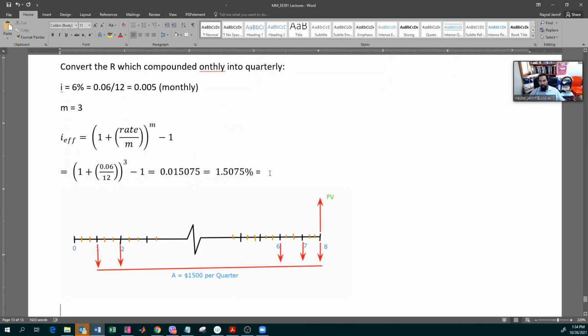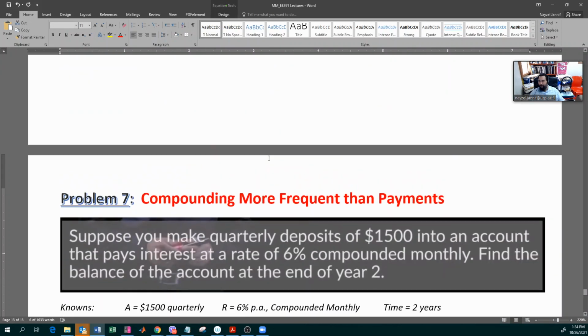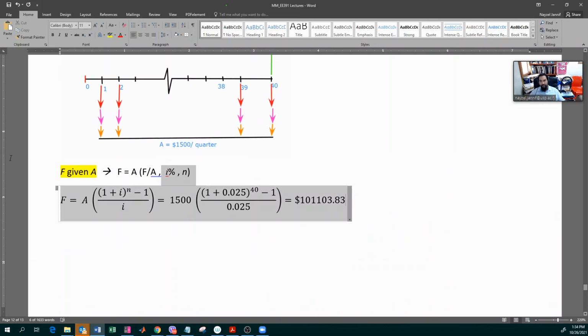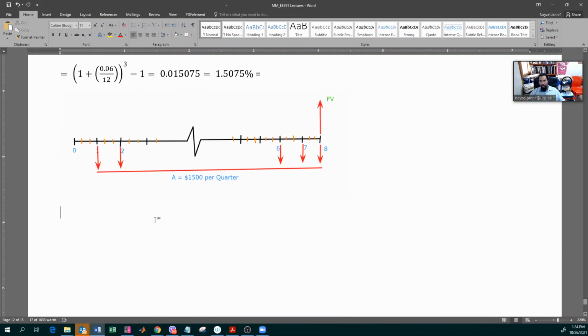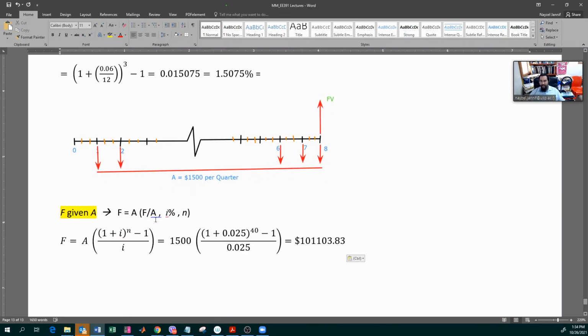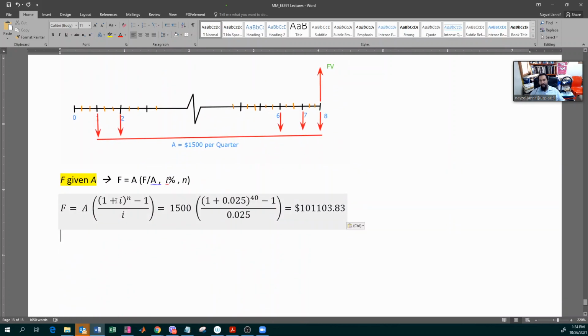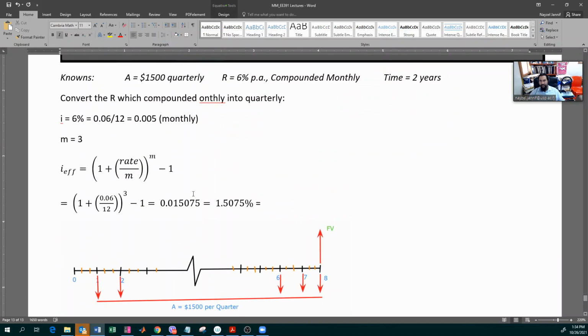All right, somebody already on the scene. Nice. Who is it? Siddhant and Prashant. Very good. For those of you who are struggling, we have to use F given A because we know our annuity and we want to find our future value, so F given A 1,500. What is the rate over here, guys?